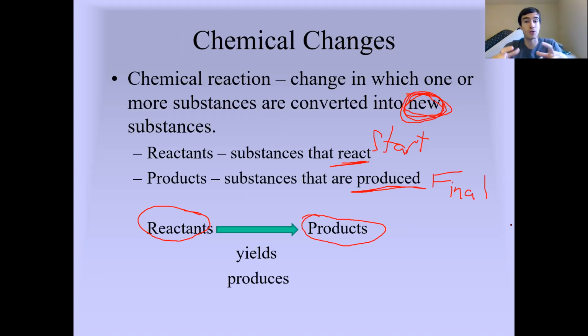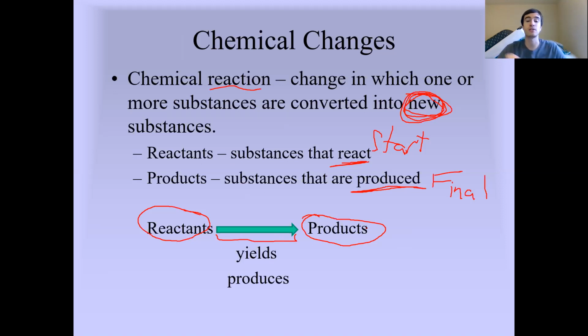So we start with our reactants. They do some sort of chemical reaction, and they turn into our products. So this little arrow guy down here, this is sort of like the equal sign in a math equation. Only in this case, instead of just being equals, it stands more for like yields or produces or creates the products.